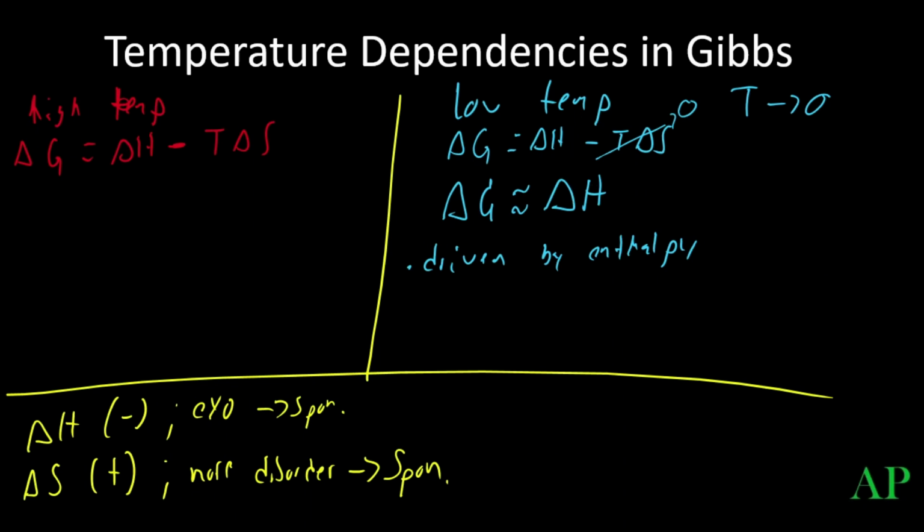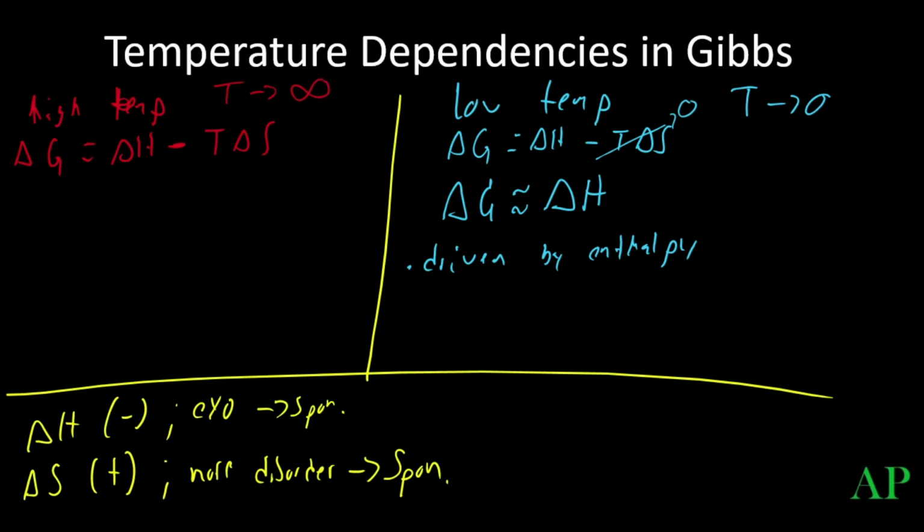What about the case with high temperatures? In a case of high temperature, and they always say extremely high temperature, T would approach infinity. If T approaches infinity, and infinity is an incredibly big number, it's infinitely big, that's the whole point, how much does delta H matter?